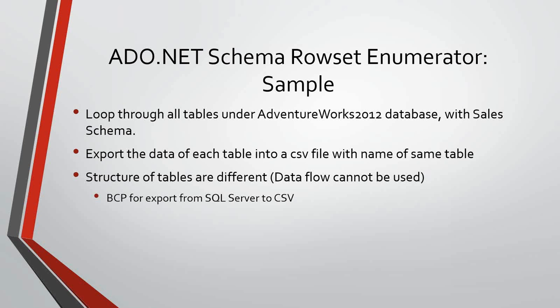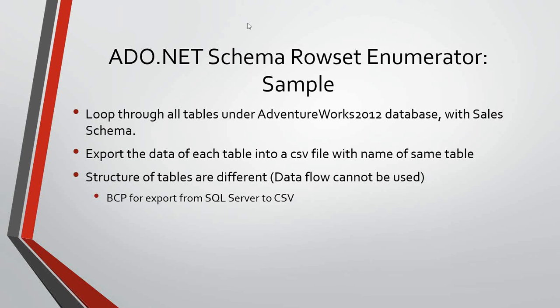Okay, this depends on the database type. For example, if this is a SQL Server database, you can use this ADO.NET Schema Rowset Enumerator, as I'm talking about right now.